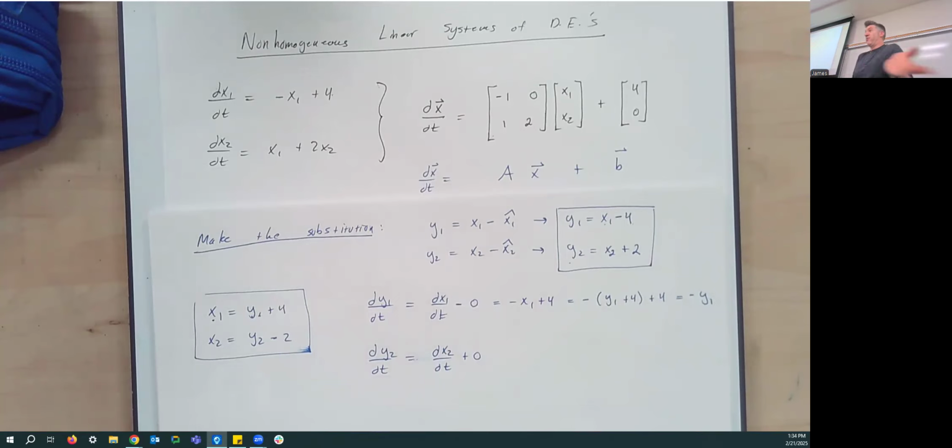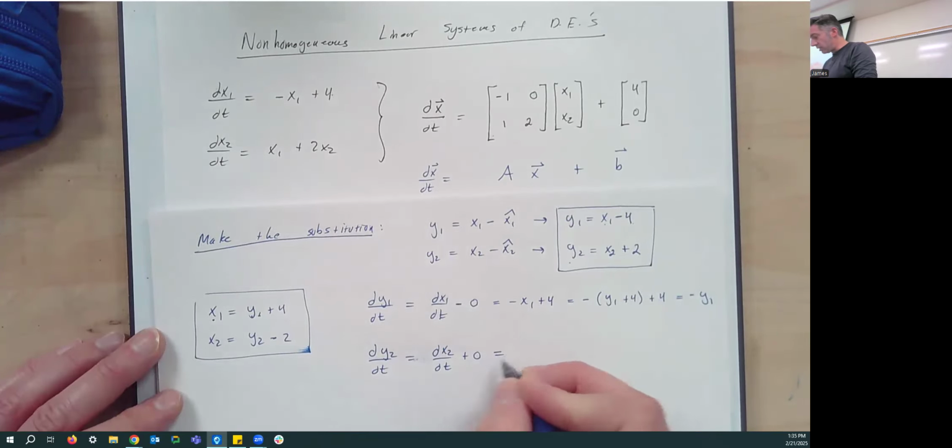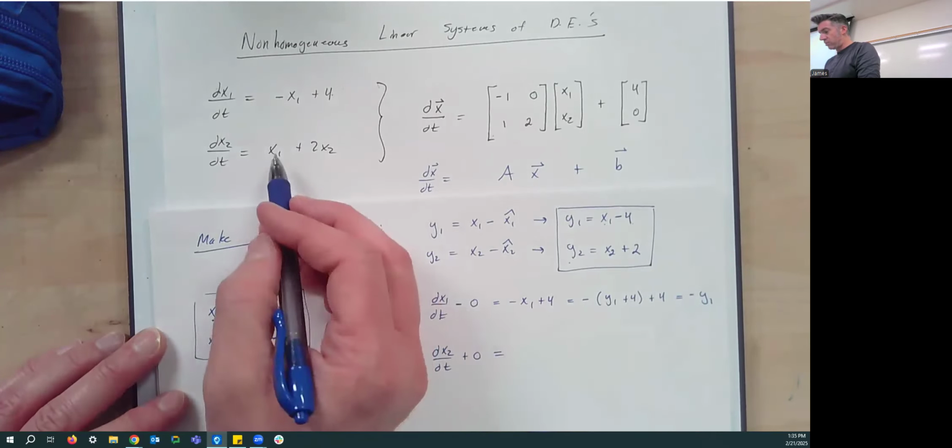I don't know the derivative of y2, but I know the derivative of x2. The bigger picture is that we're doing this so we can write our set of differential equations in terms of y instead of x. When we do it in terms of y, we get a homogeneous system, which we know how to deal with. That's the whole point. So dx2/dt is equal to x1 plus 2x2.